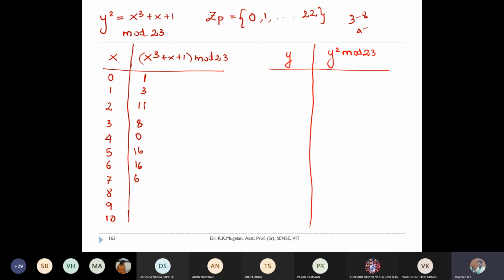For 8, you're getting 15. Okay. Solve for 9 and 10. For 9, you're getting 3. Okay. For 10, 10 cube is 1000, 1011 mod 23 for 10.